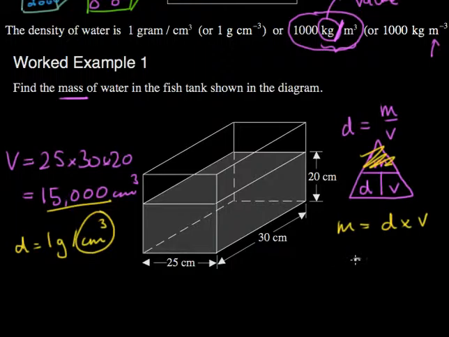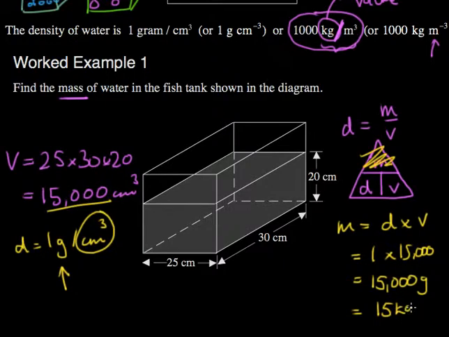So the mass would equal the density, which is 1, times the volume, which is 15,000. So therefore, the mass is 15,000, but 15,000 what? 15,000 grams. We could convert this into kilograms to make 15 kilograms.